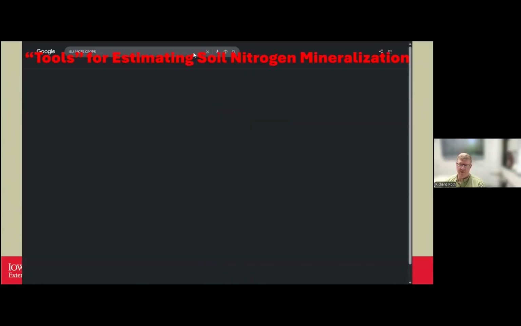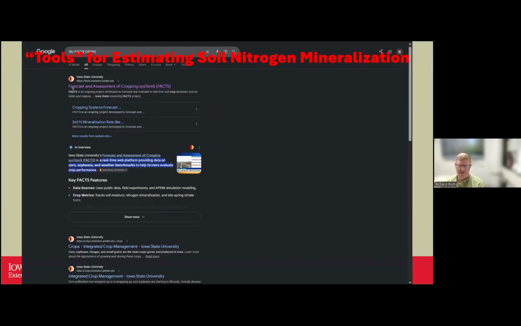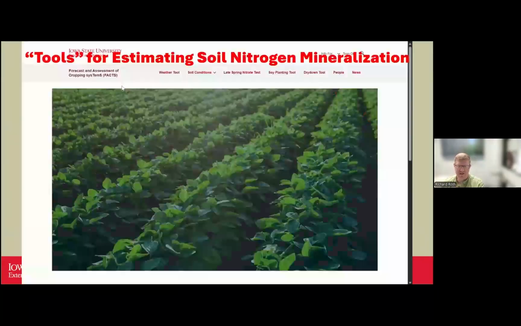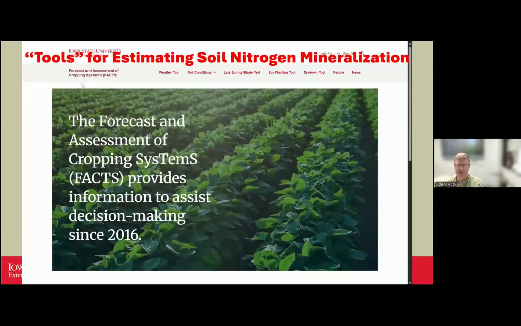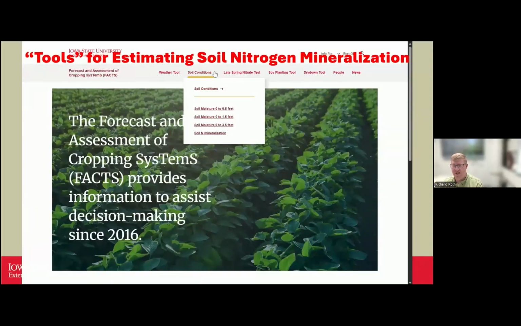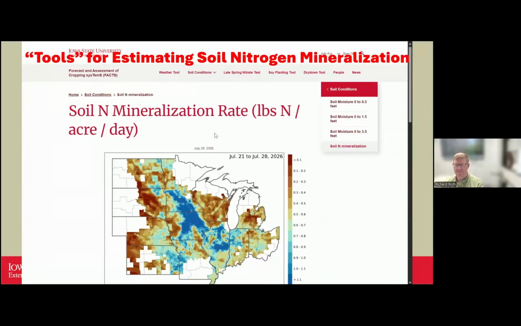So if you go to Google and you Google ISU facts crops, the first website that should come up is our forecast and assessment of cropping systems website hosted by ISU Extension. If you go under the soil conditions tab up at the top and click on soil nitrogen mineralization, you'll come up to this soil nitrogen mineralization rate map.